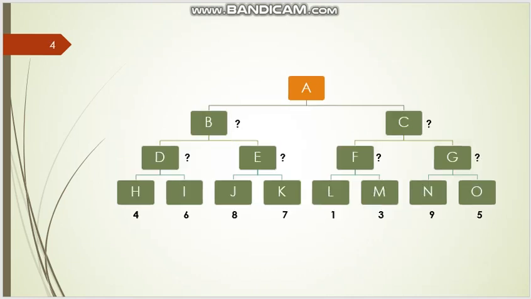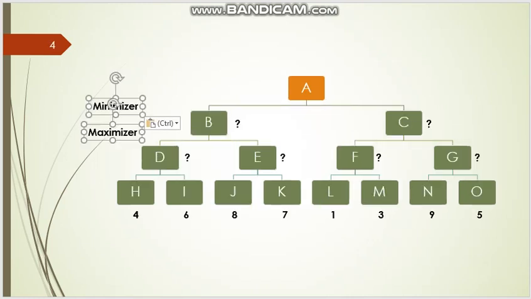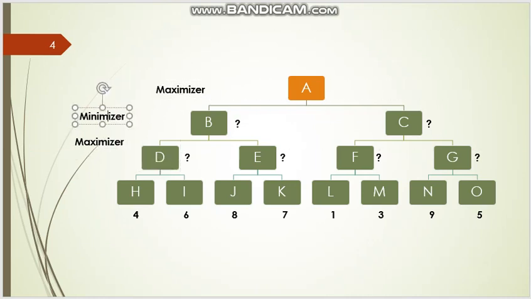Similarly, I'll do another example. In the same way we will take the maximizer and the minimizer. Let us assume that the first player is the maximizer, the second player is the minimizer, and the third player is again the maximizer. So in the last level the game will be over. If the player in level 3 is the maximizer, its target would be maximizing the value.